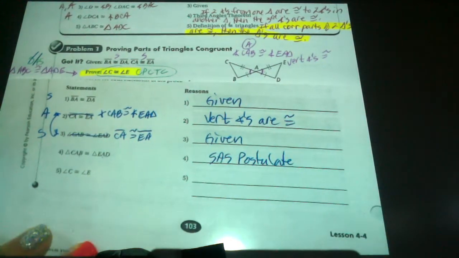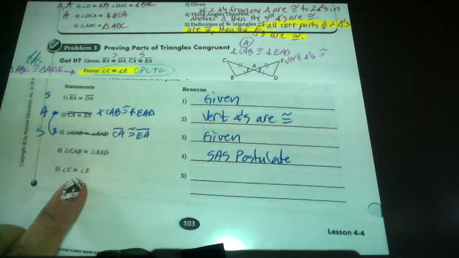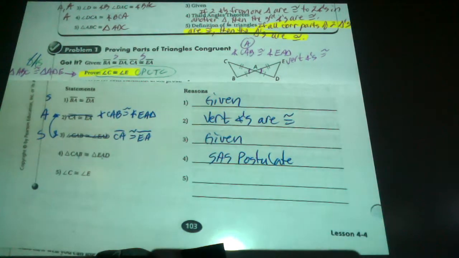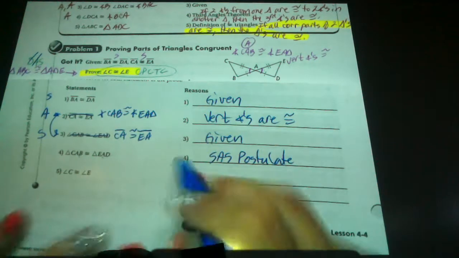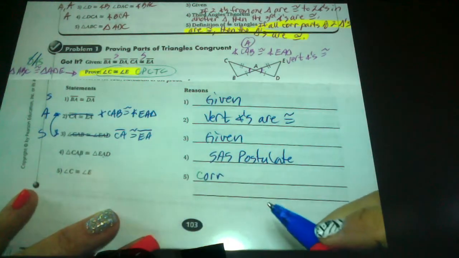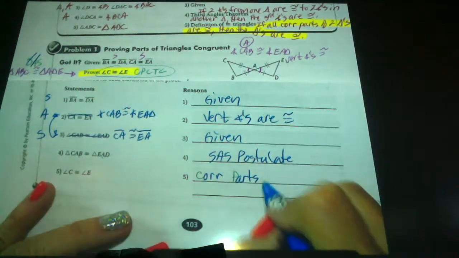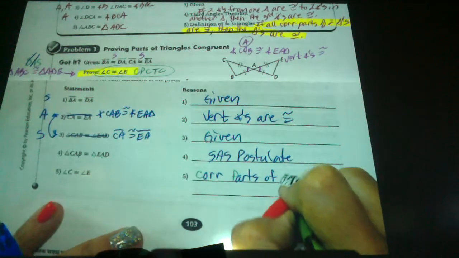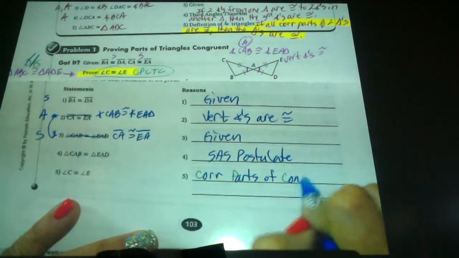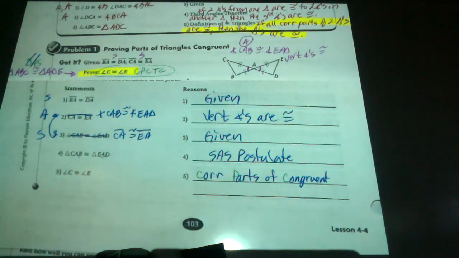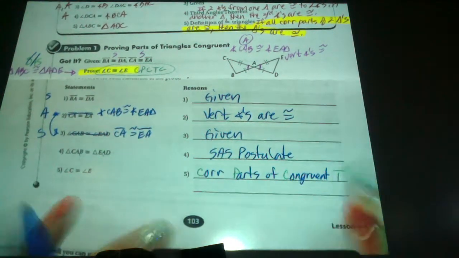Now, immediately after writing any triangle congruence statement, or any corresponding parts of those triangles, your reasoning is CPCTC. Corresponding parts of congruent triangles are congruent. You can use a congruent symbol for that later.